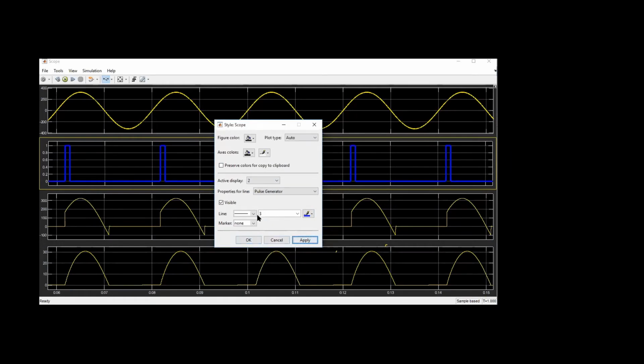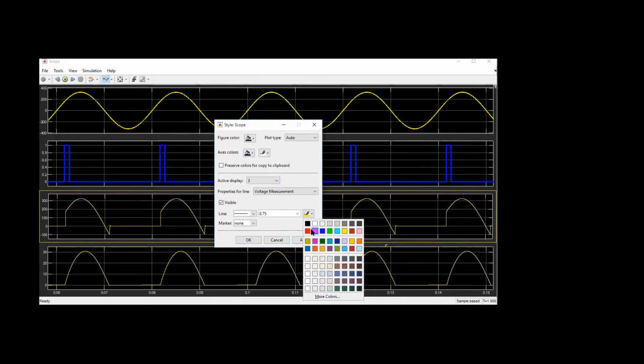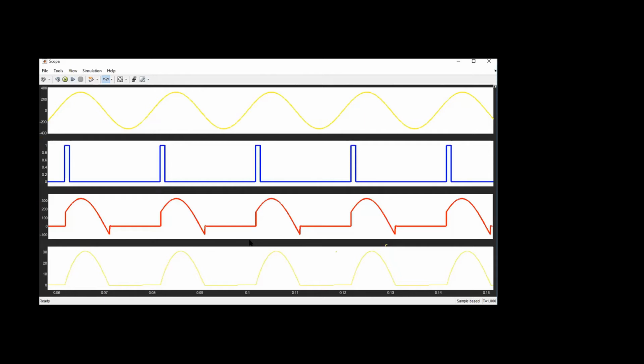You understood, the third waveform is changed to blue, and if I consider the third waveform, now I am changing it to another color. Okay, even the background. If you want a black background, you can apply white, or it's up to you.